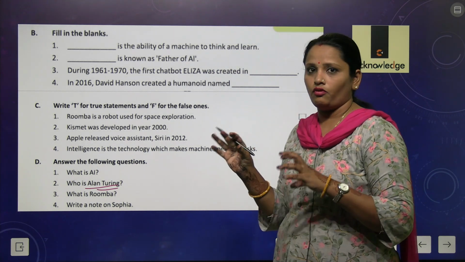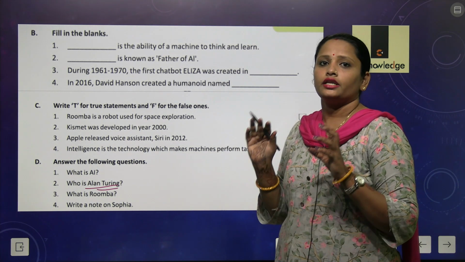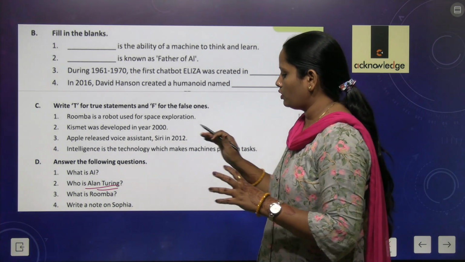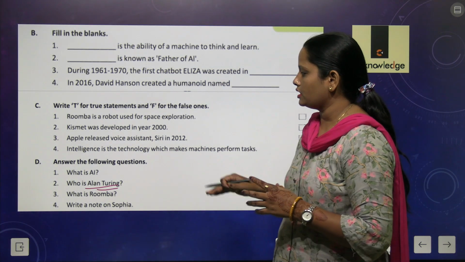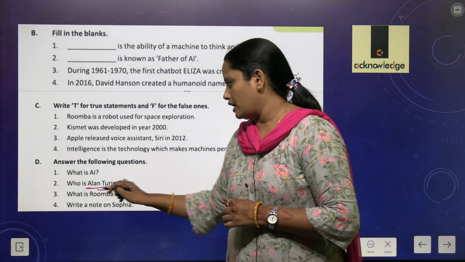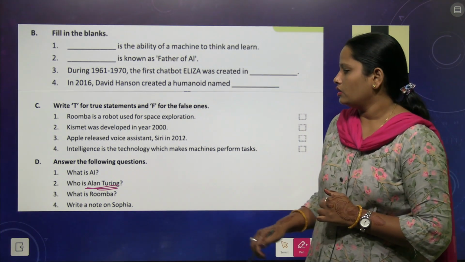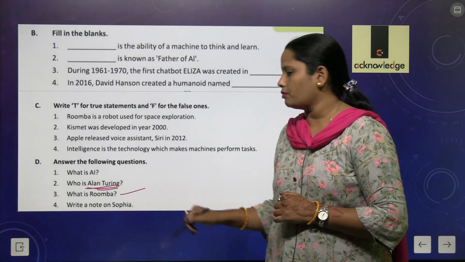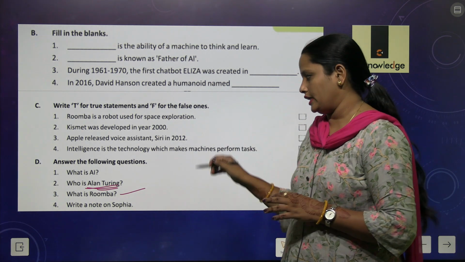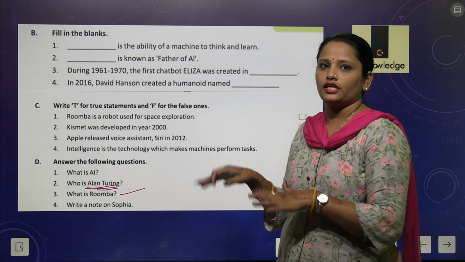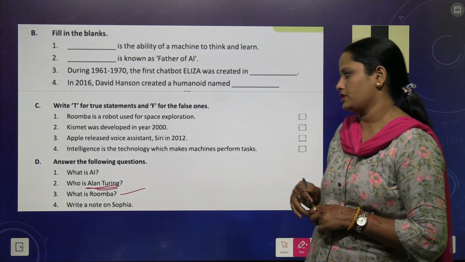He wanted to make machines that can think. So he made all the possibilities to make a machine that can think like humans do. What is Roomba? Roomba is an autonomous vacuum cleaner that can clean our room without colliding with any of the surfaces.